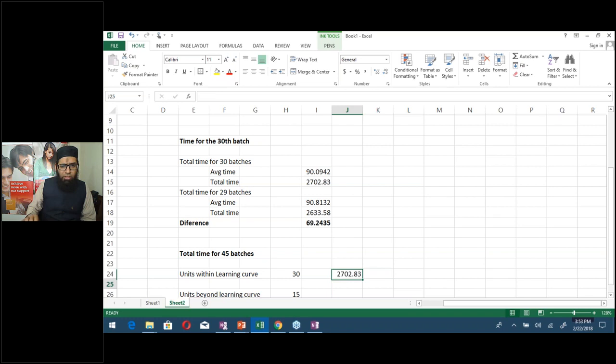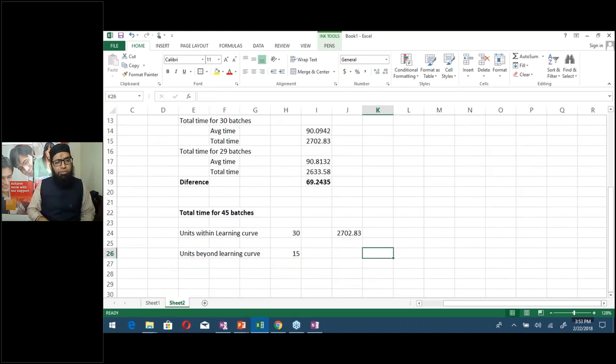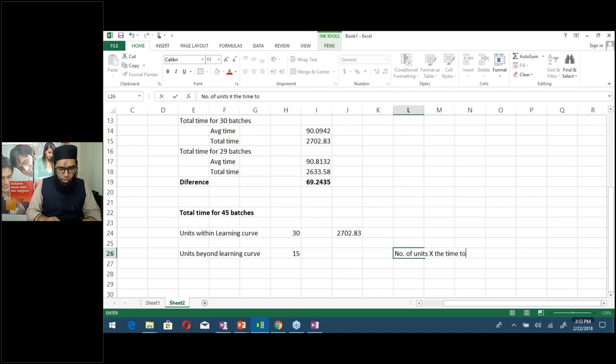But for those which are beyond the learning curve, the formula will be number of units multiplied by the time to produce the 30th unit, because from the 31st unit onward, this will be the time per unit.